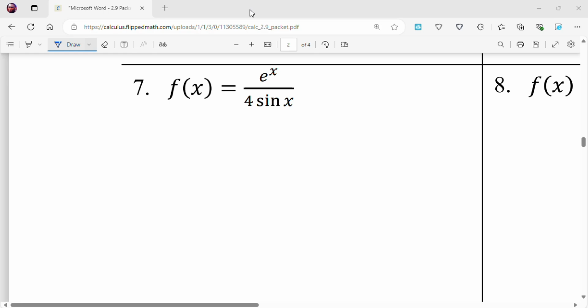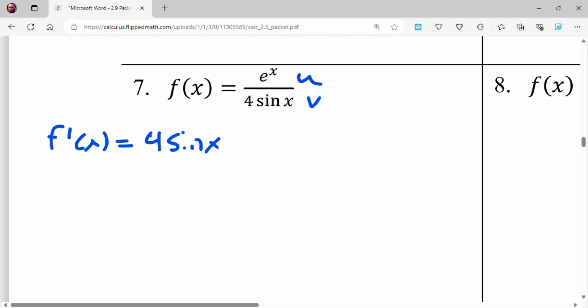Okay, v u, so f prime of x equals v u prime. Okay, so for sine of x, which is v, times u prime. So derivative of e to the x is e to the x, minus u v prime. Derivative of sine x is cosine x.